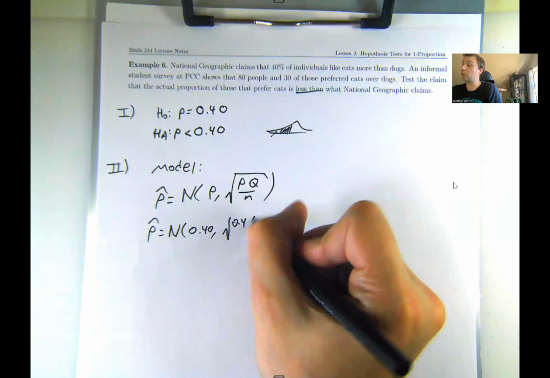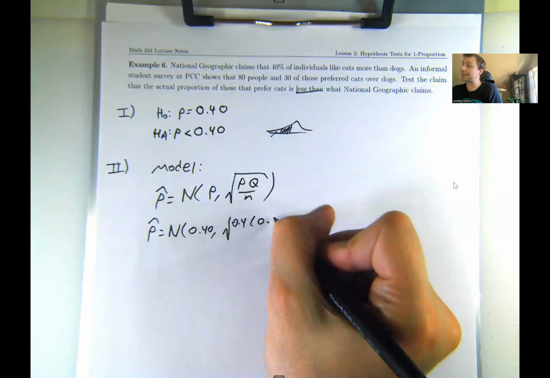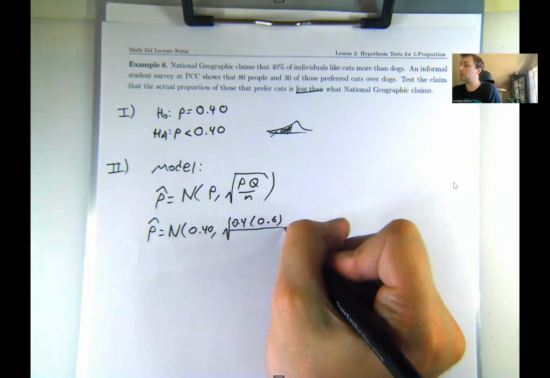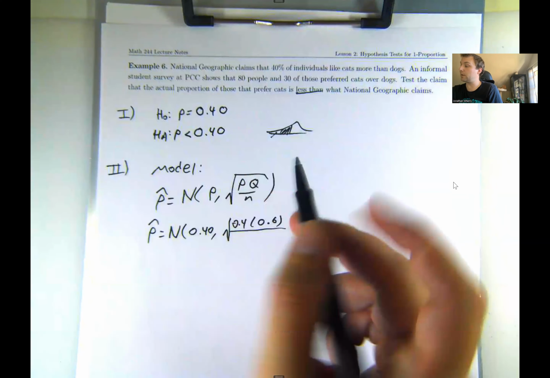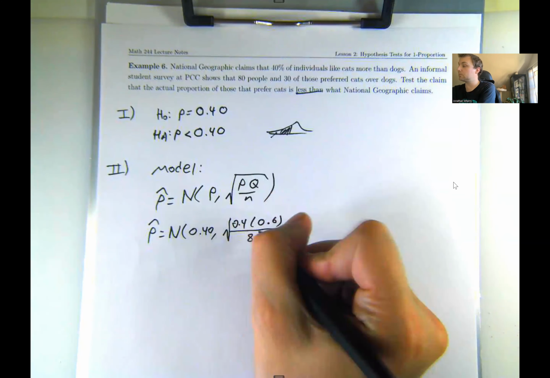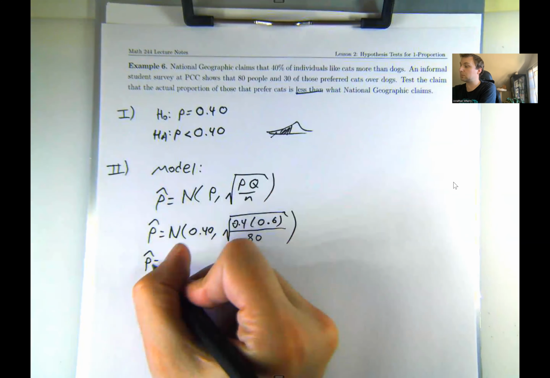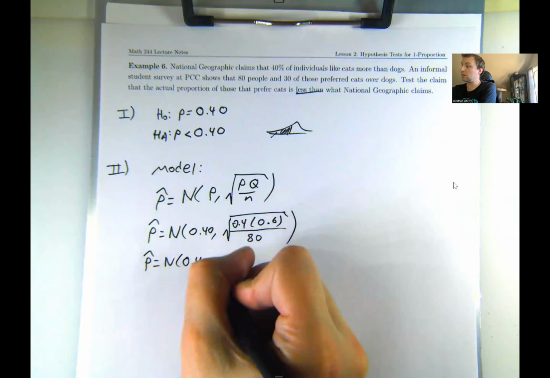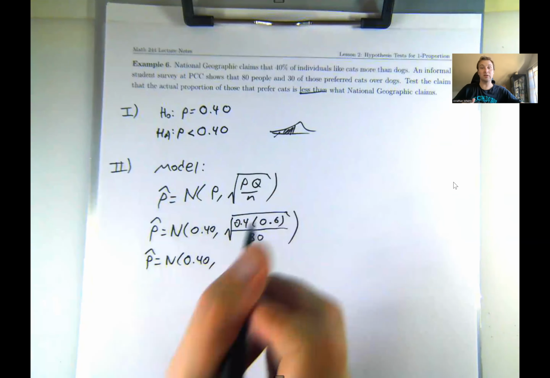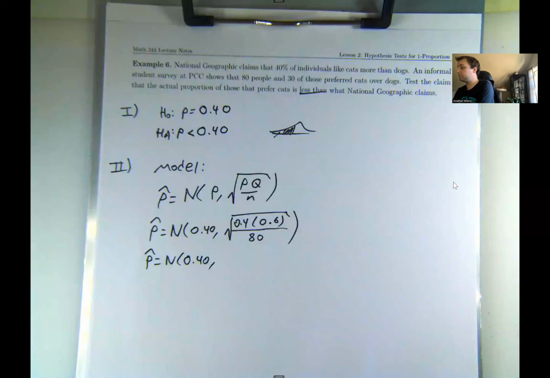If your p is 40%, then your q is 1 minus that, that's 60%. And this is for a sample of 80 people. I'm going to type that standard deviation into my calculator and see what we get.